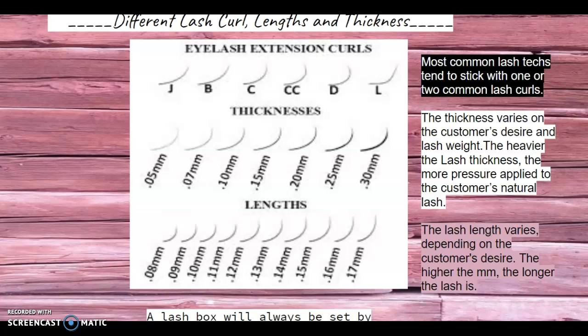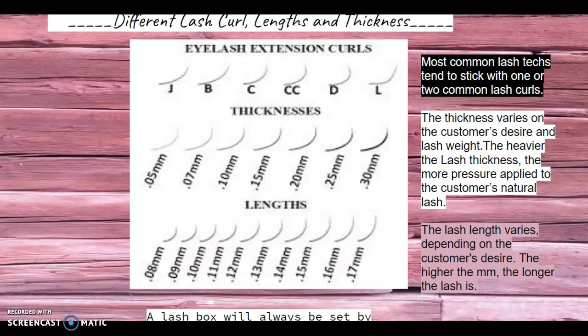So, on to the lash box. Now, given in your set, you do have a lash box. Below in your lash box, depending on the type of lashes you have, you should have a lash extension box, and each box should say something like C 15 millimeter 0.07. That's to sum it all up in the picture right here. Say your box says C curl, or it says C 15 millimeter, and then it says another millimeter.